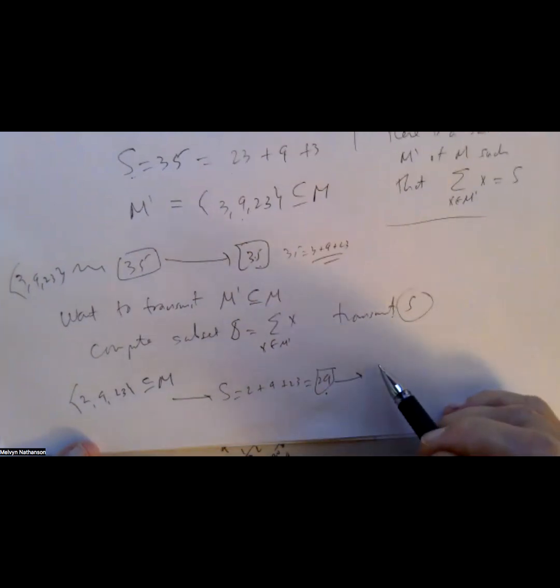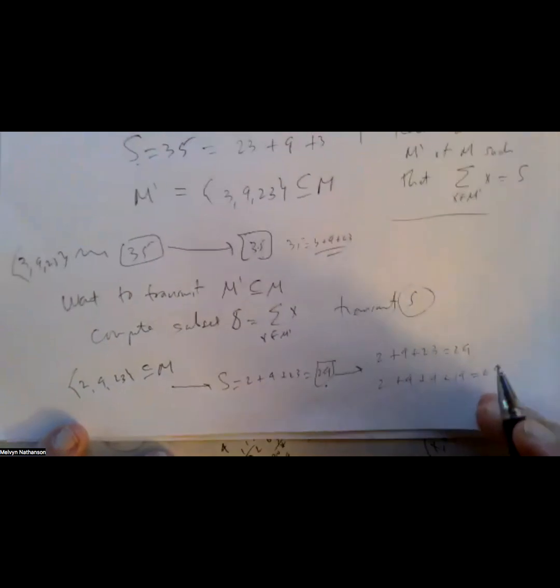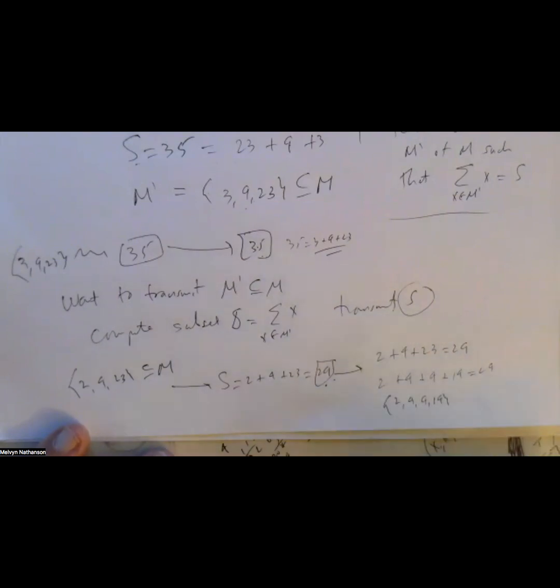So one possibility is, of course, 2 plus 4 plus 23 equals 29. But it's also the case that 2 plus 4 plus 9 plus 14 gives you 29. So an error in decryption would be to decipher 29 as the set 2, 4, 9, 14. Okay. So that is kind of a problem.